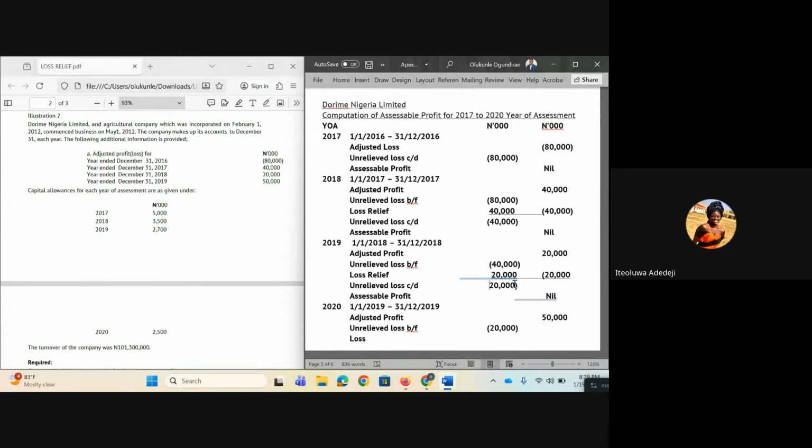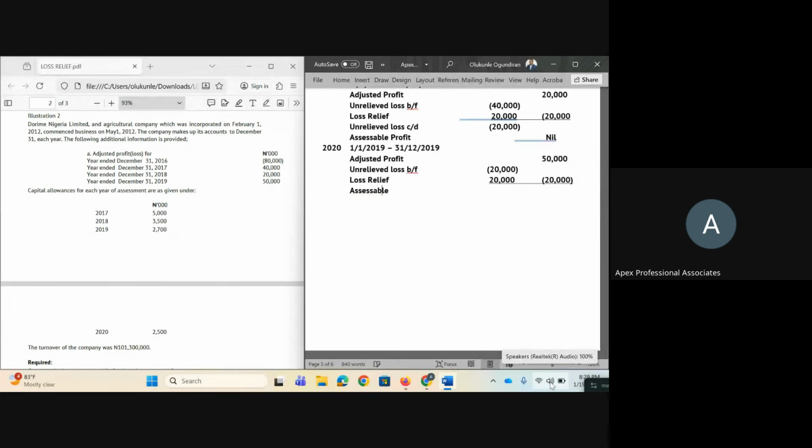Yes, sir. 50,000 less 20,000. So there's no carry down. This time I have assessable profit. How much is assessable profit? 30,000. So with this, I've illustrated the concept of loss relief.